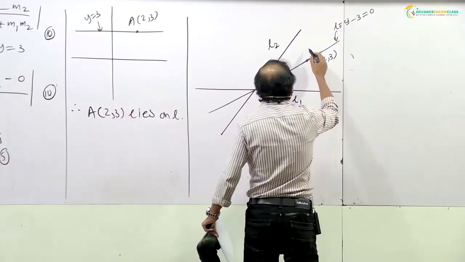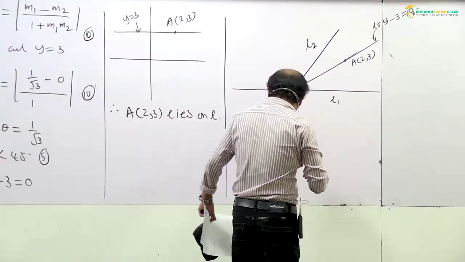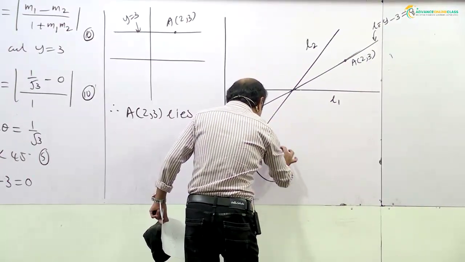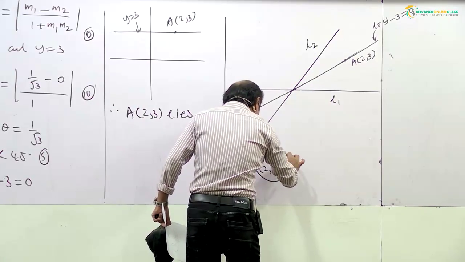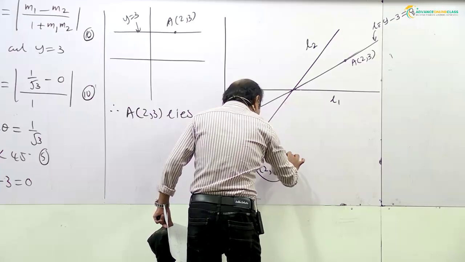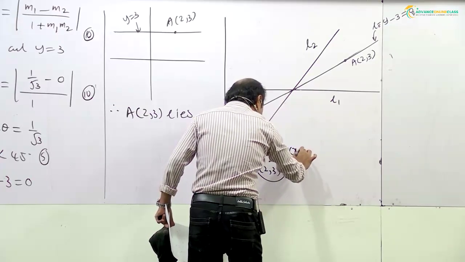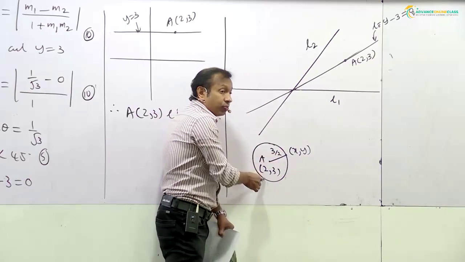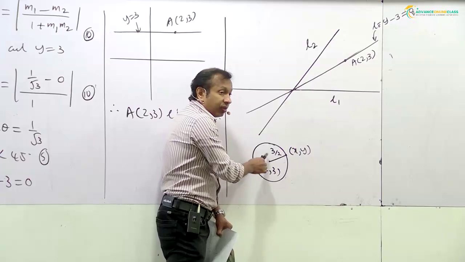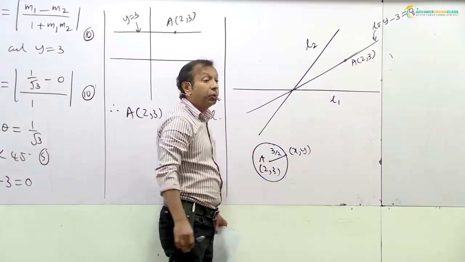Circle here, right? A (2, 3). Radius 3 by 2. Take any point on the circumference as (x, y). How to find the equation? (x minus 2) whole squared plus (y minus 3) whole squared equals what? (3 by 2) whole squared.